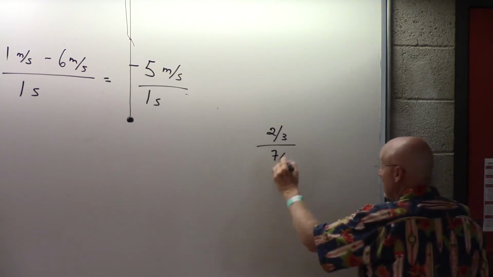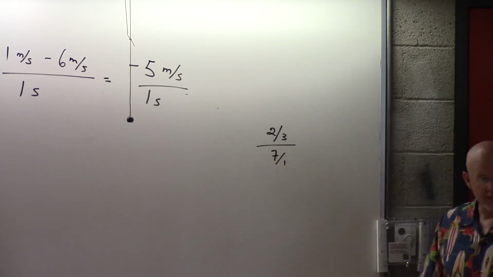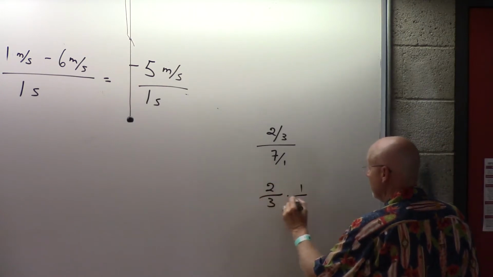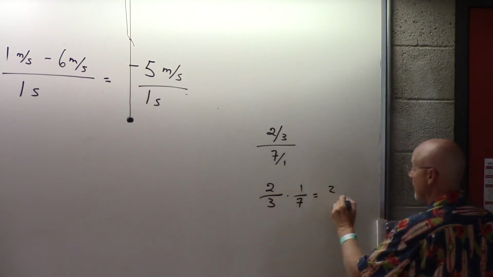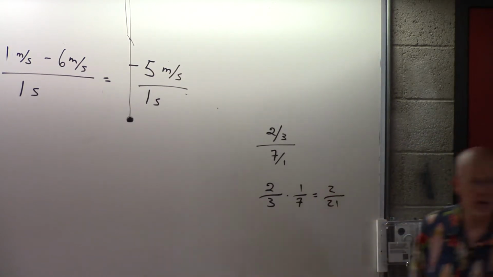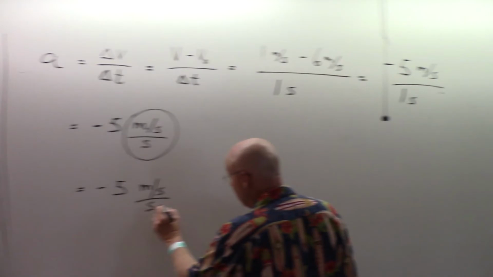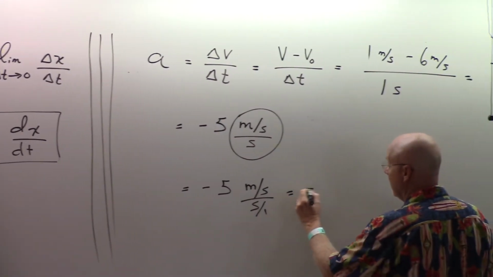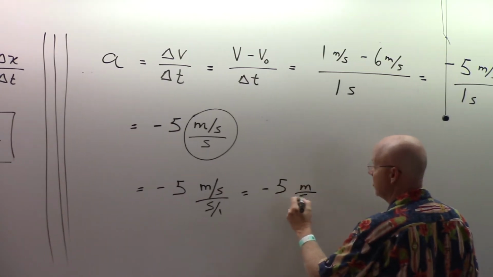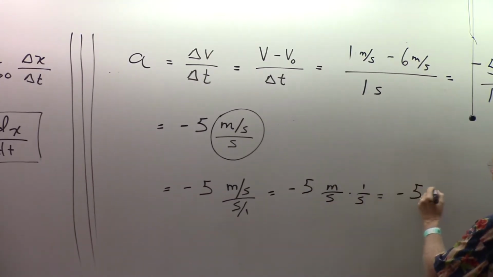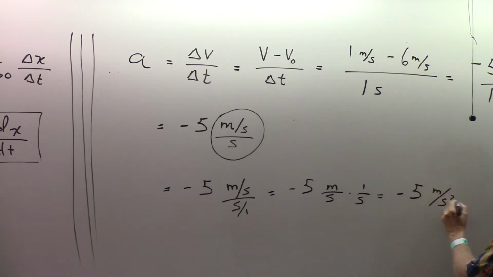Don't you go 7 over 1 and make it a compound fraction? And then you flip and multiply. Let me do the same thing with my units. So I will go over 1. I will then flip it, so I will go meters per second times 1 over second, and I will get a negative 5 meters per second squared.